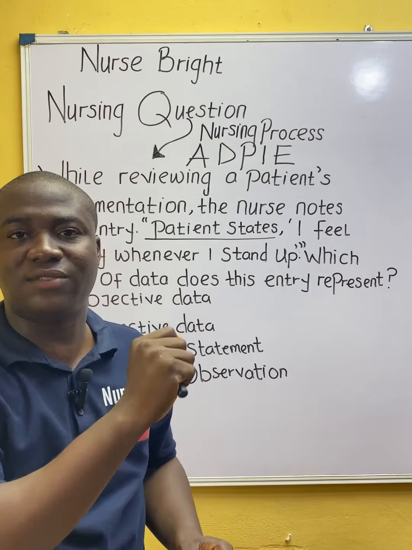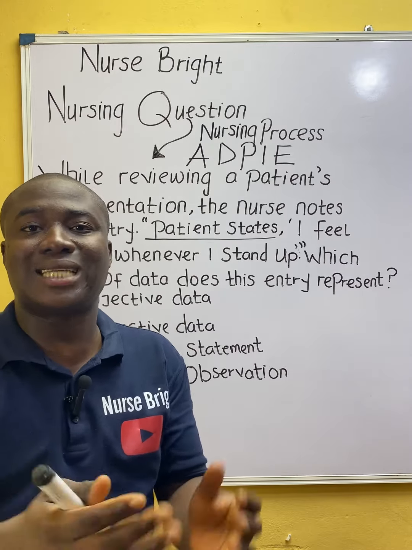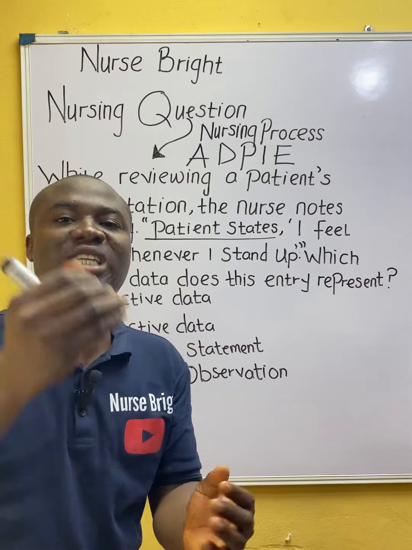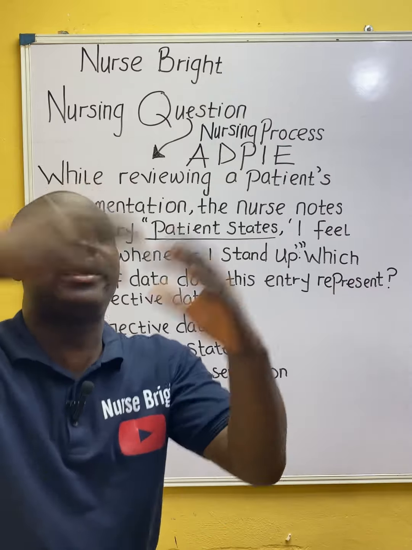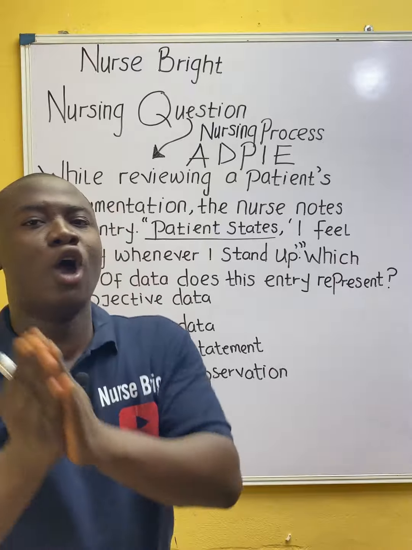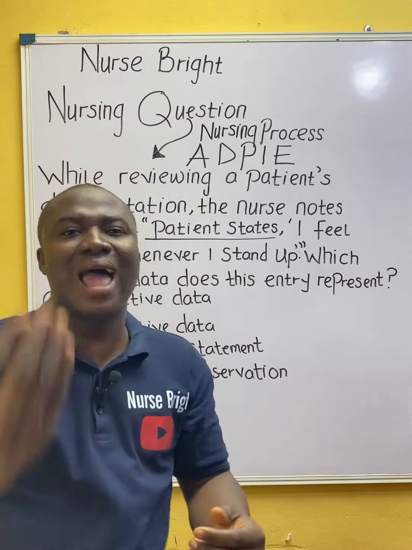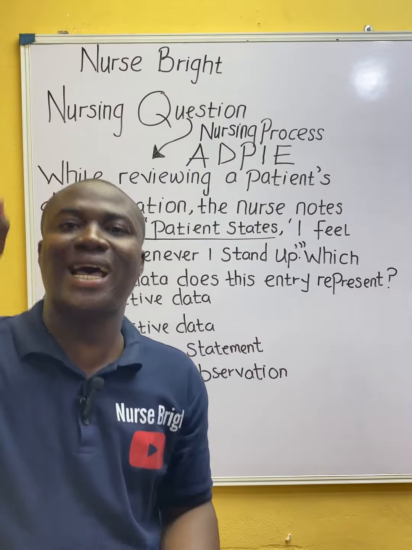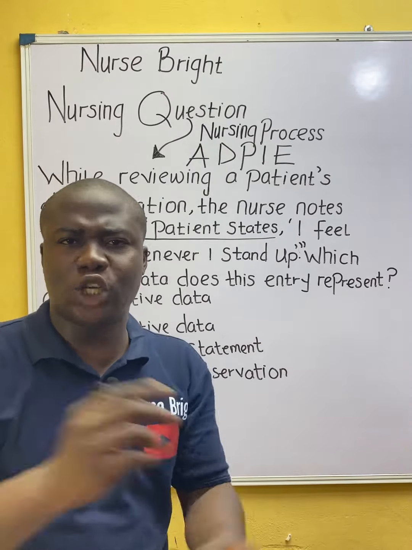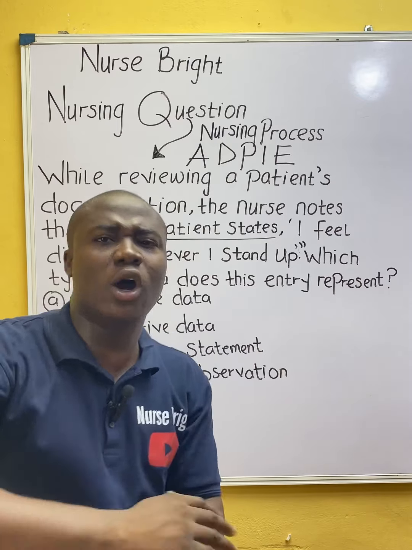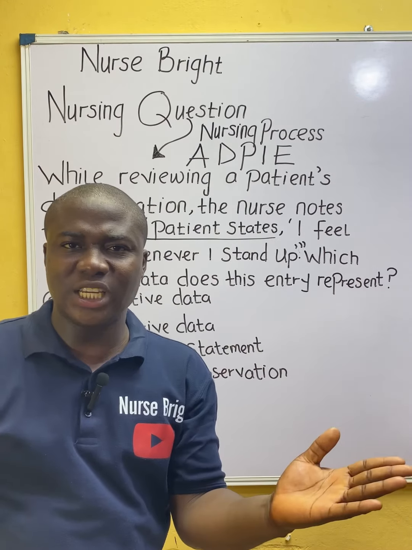Moving over to objective data, there are those data that the nurse measures, and the nurse can measure or observe or get this data or information through various processes like observation of vital signs, which include temperature, pulse, respiration, blood pressure, oxygen saturation.